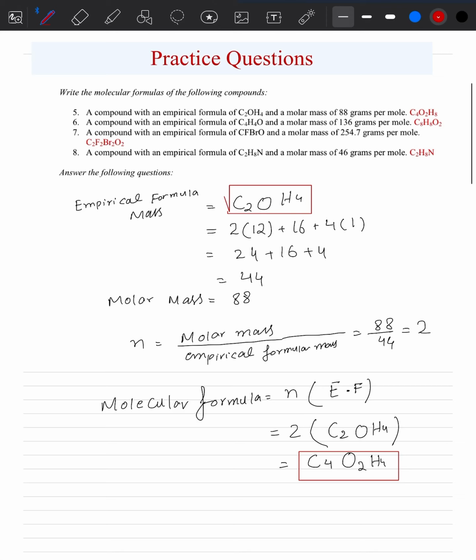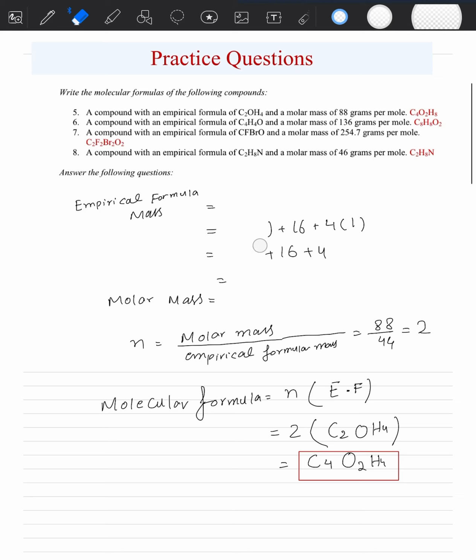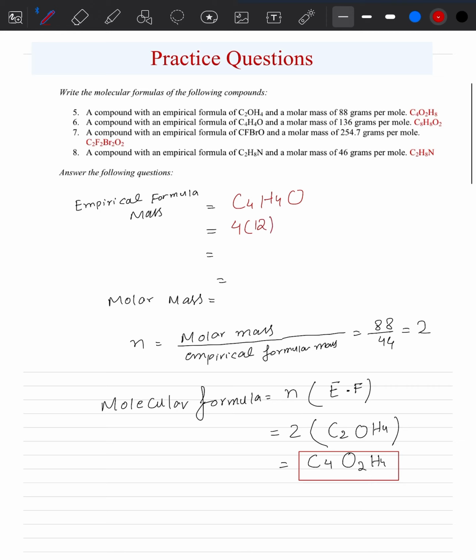Let's go to the other question, number 6. So the empirical formula of the compound is C4H4O. So what we need to do, we need to find out its mass. So 4 into 12, because the mass of carbon is 12, plus 4 into 1, the mass of hydrogen is 1, plus 16.